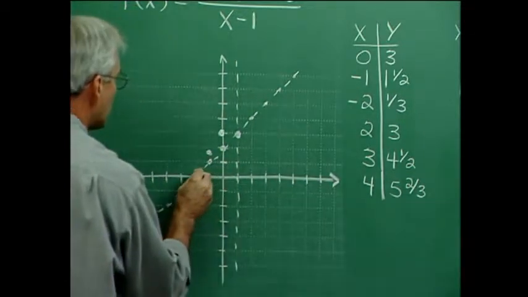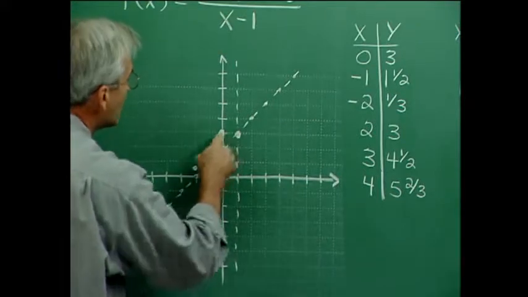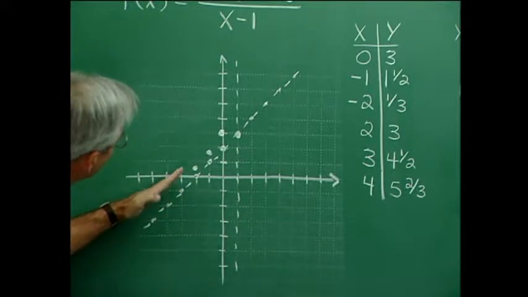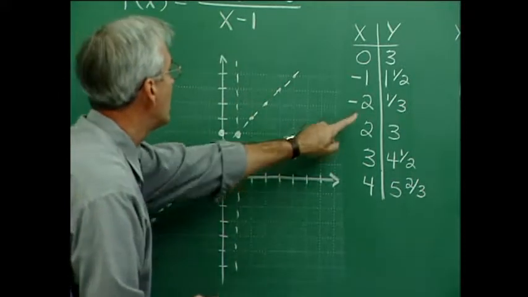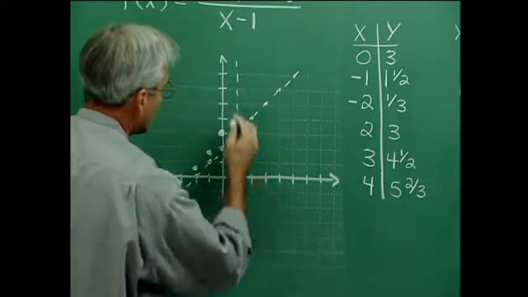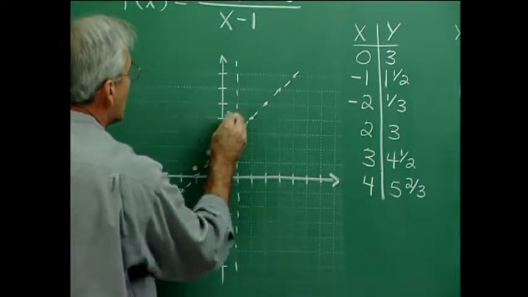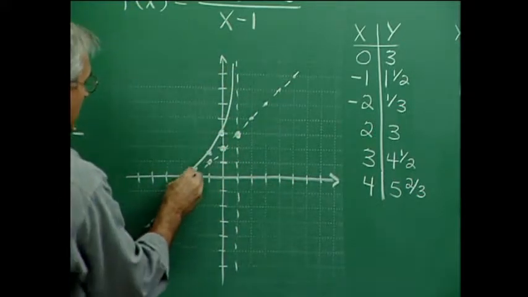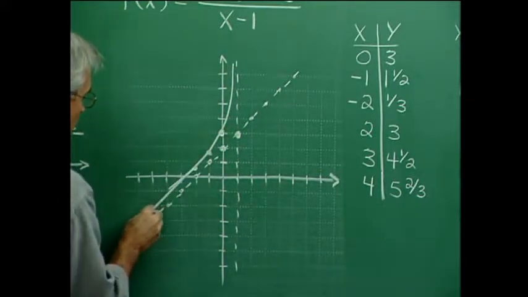Negative 2 goes to 1/3. And you see the graph is just kind of real tight on the asymptote here, and then it's going to just blast upward here. And we can go ahead and graph that because my other 3 points are on the other side of that vertical asymptote. So I know that on this side, this is what's happening. And I get closer, closer, closer as I go out this way.